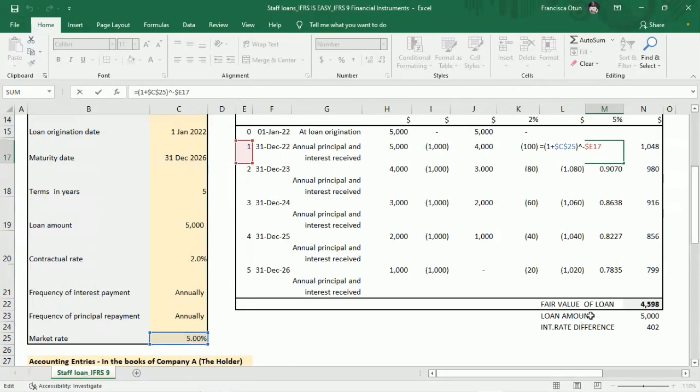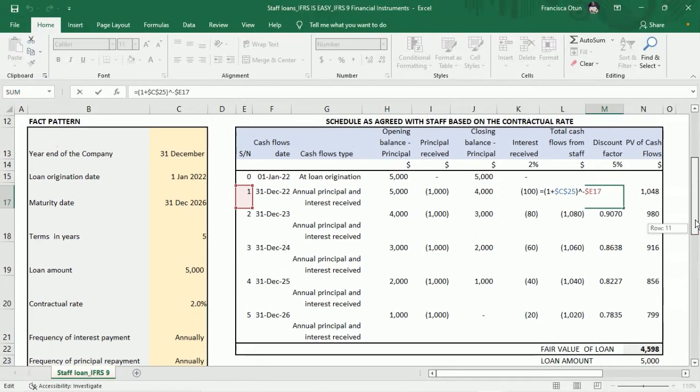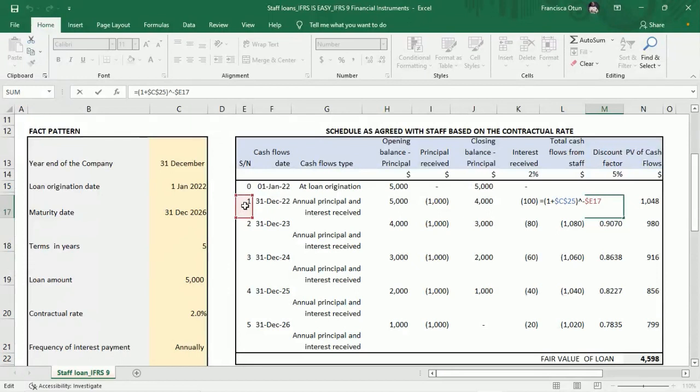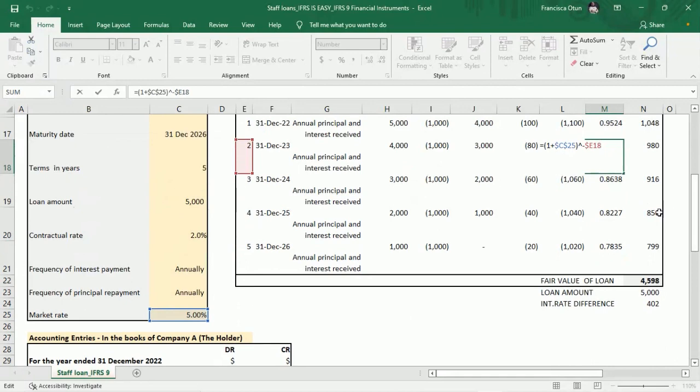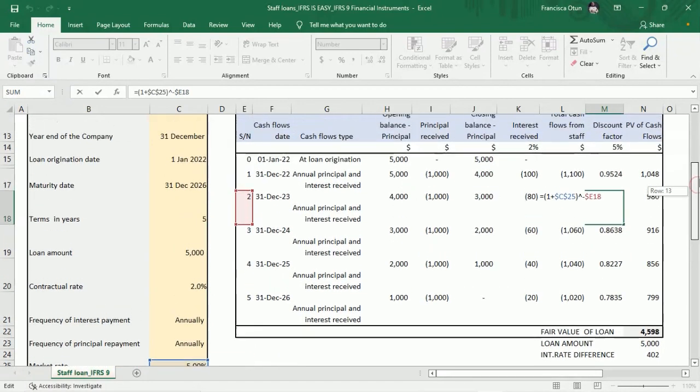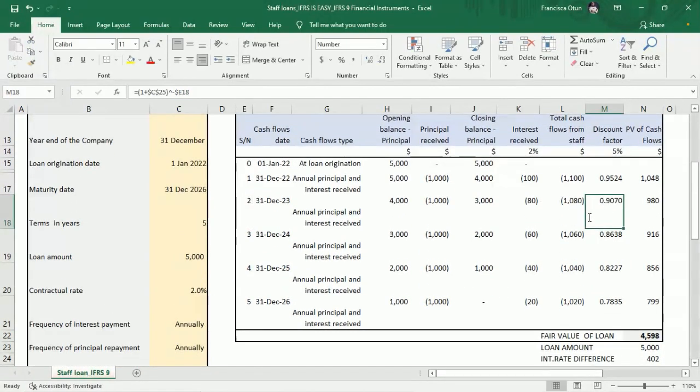Now for the first year, this is minus 1. If we go to the second year, meaning there is a time value of 2 years, you will see that it is now 1 plus this same interest rate raised to the power minus 2, and it goes on until the end of the contract term.